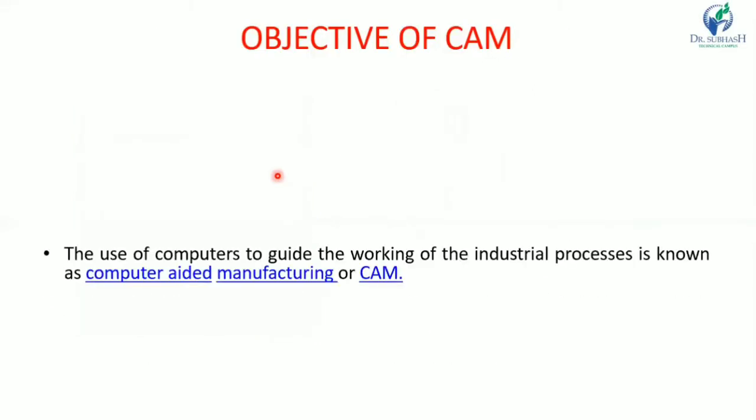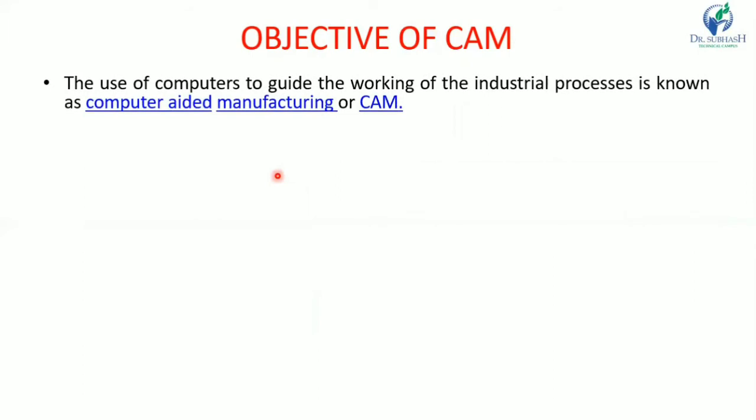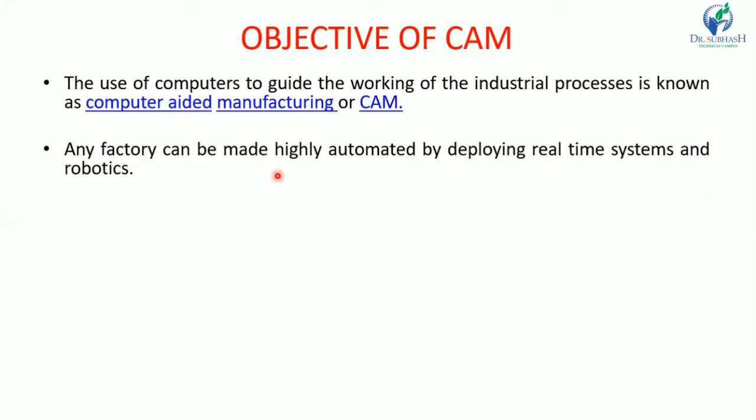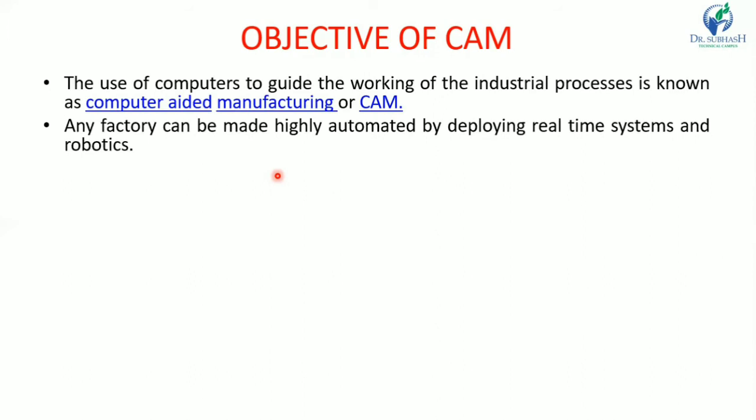Now, objectives of CAM. The use of computers to guide the working of industrial processes is known as computer-aided manufacturing or CAM. Any factory can be made highly automated by deploying real-time systems and robotics.